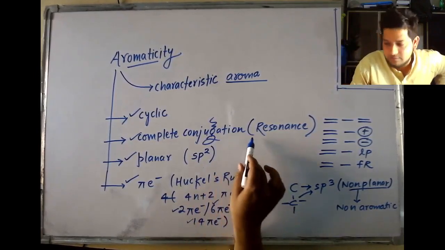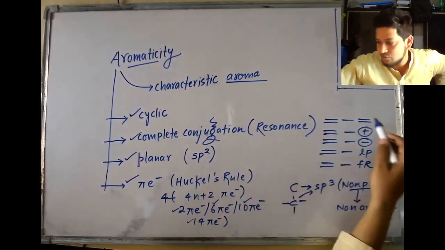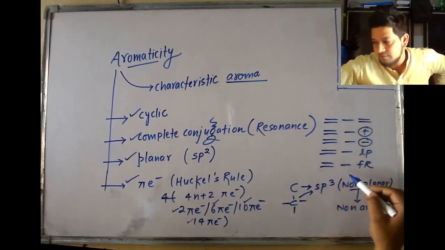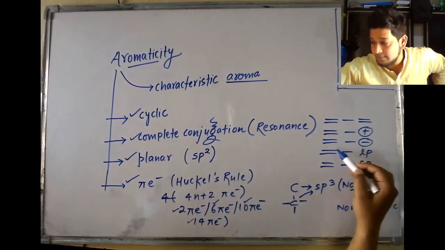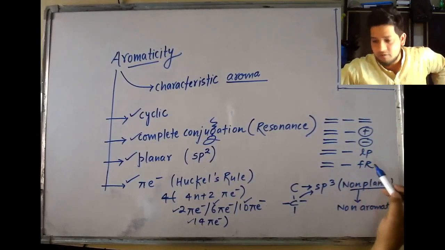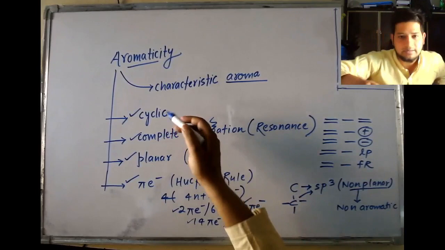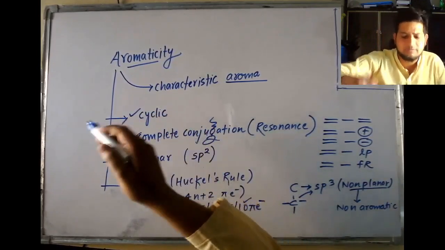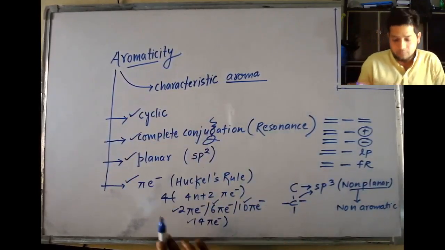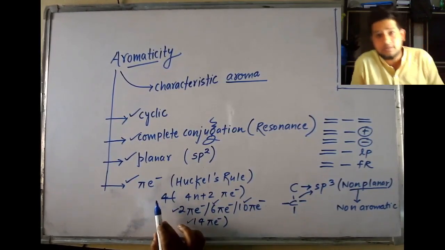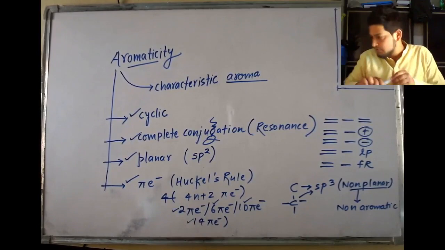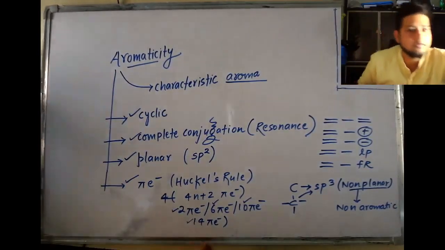We know resonance is so easy to find: the double single double, the double single plus, the double single minus, the double single lone pair, the double single free radical. The cyclic system is clearly evident from the question. But what about these pi electrons? How can we find the pi electrons in any system? Let me just show you.